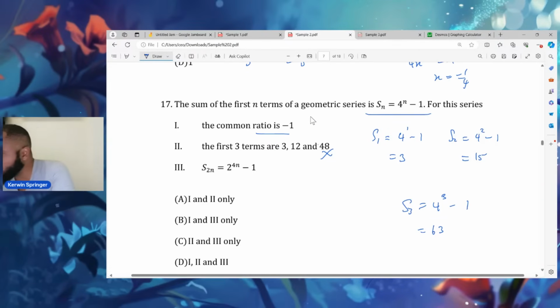Okay, let me just double check this again. This is the sum, so it's summations, right? The sequence would be 3, then 12, since 15 minus 3 is 12, then 63.